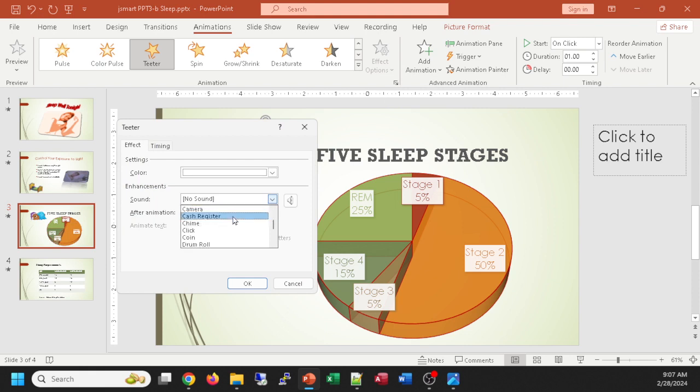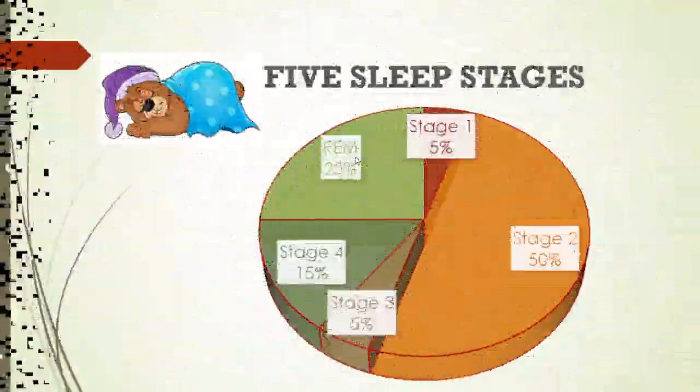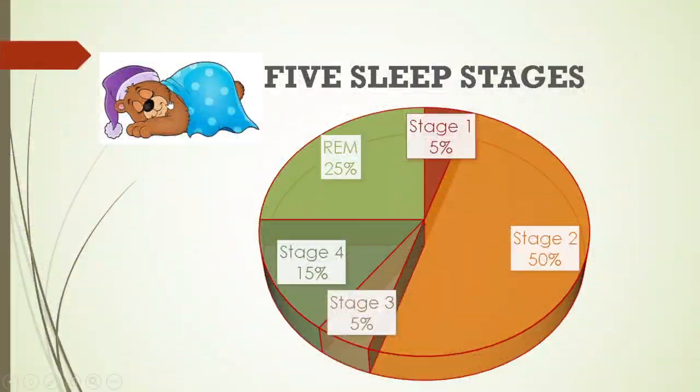If you want something to wake up your audience, you can make it a bomb or explosion or a hammer or laser. Whatever sound option you would like. And then clicking OK. Playing the slide. Anytime I click on the bear, I will get the teeter and the sound played.